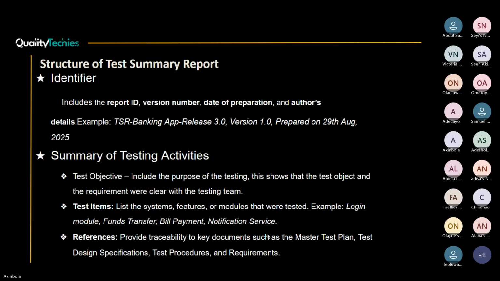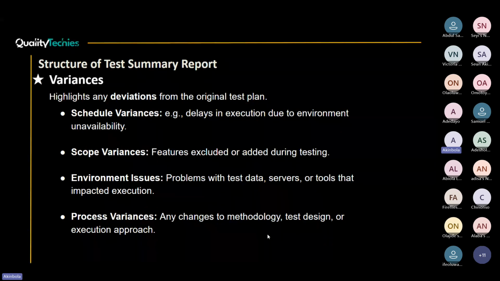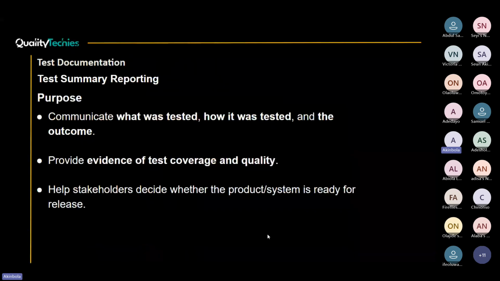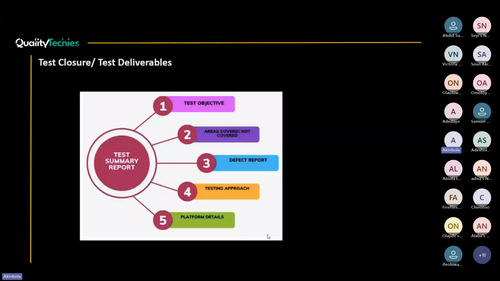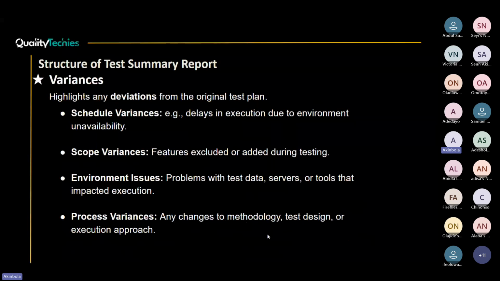Also, like I said in one of the sessions, there may be a deviation from your test plan, which might be like a variance, right? So there should be a section in your report that highlights the variances that you encountered during the testing, a deviation from the original test plan.